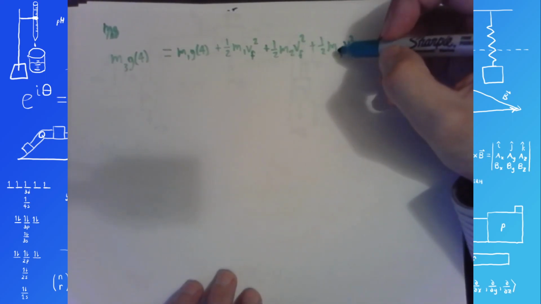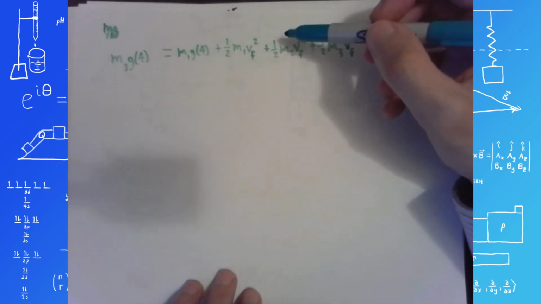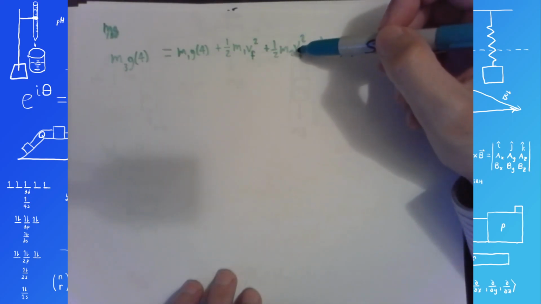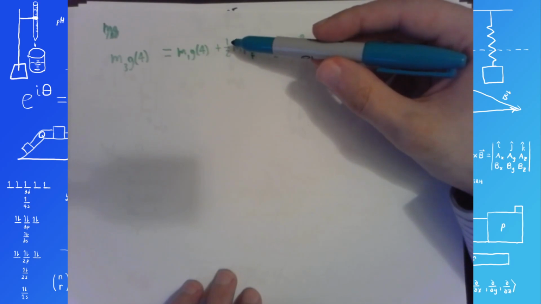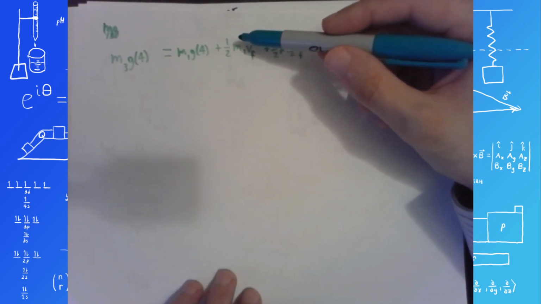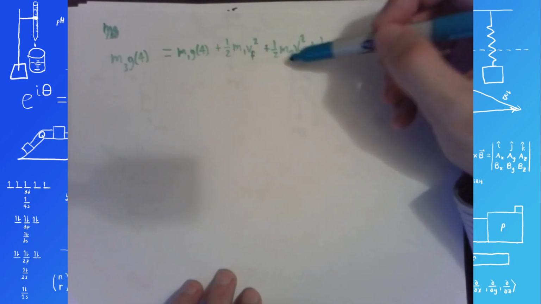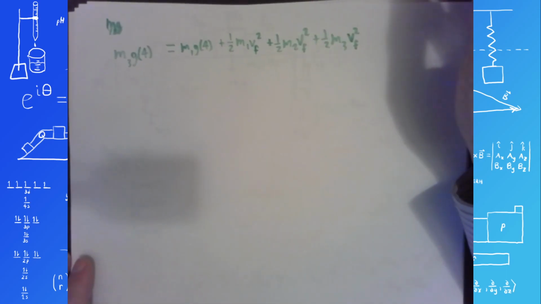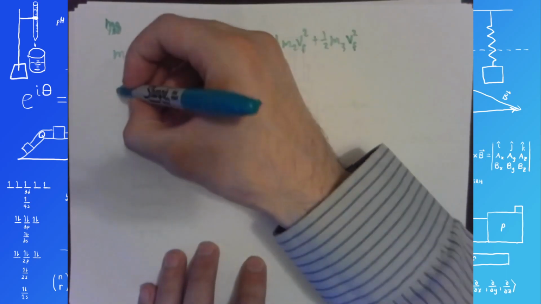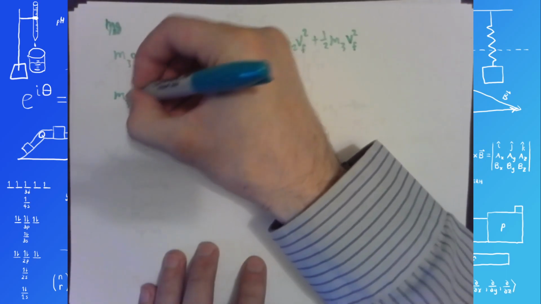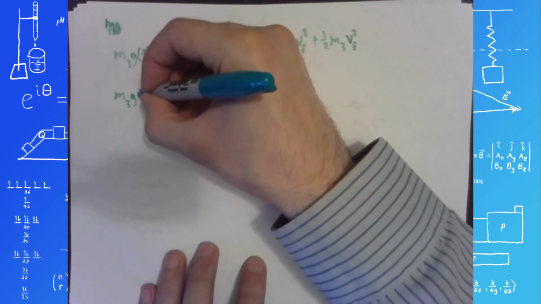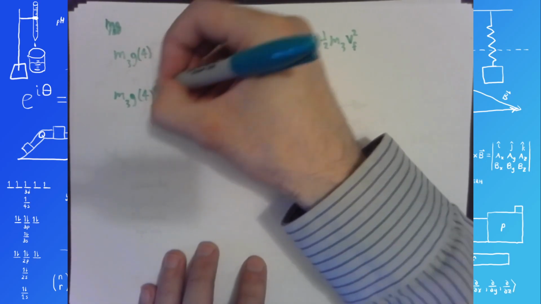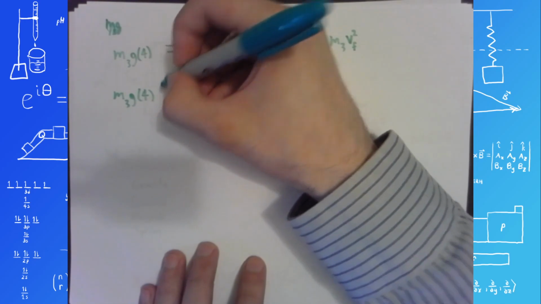If I factor out the v final squared, then I'm left with v final squared times, in parentheses, 1/2 and the sum of m1, m2, and m3. So let me go ahead and actually write that out to see what it looks like, instead of forcing you to picture it all in your head.